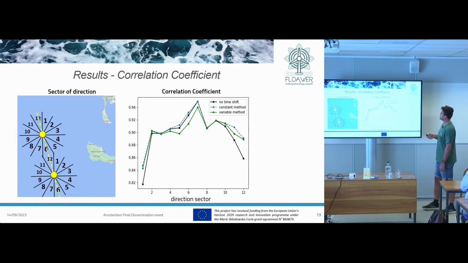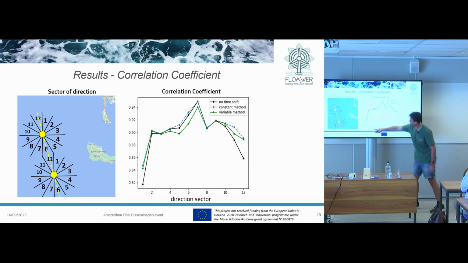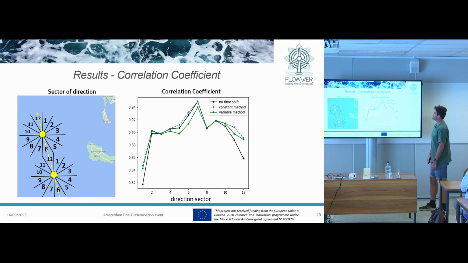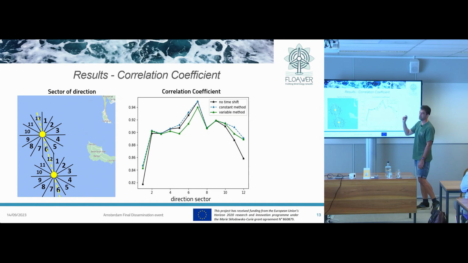And we can see that the improvement is quite significant when the wind is coming from the north here, so bins 12, 11, and bin number 1. It's working well, but in the other direction, for example, if we take the reverse direction in the south, the constant method is improving the correlation coefficient only slightly, and the variable method I did doesn't work.